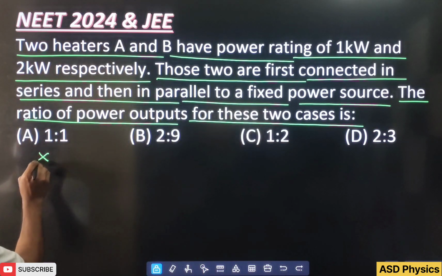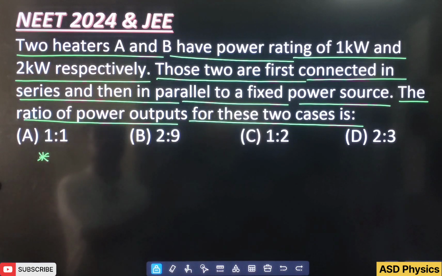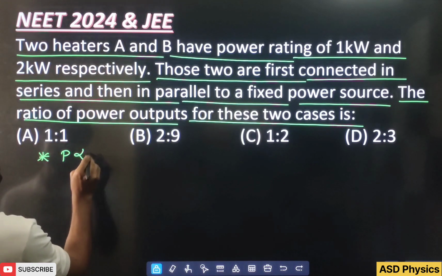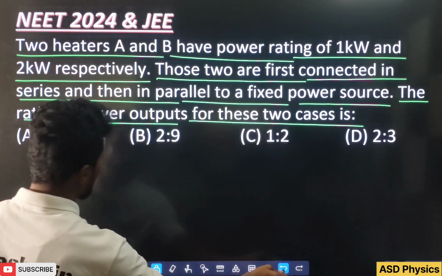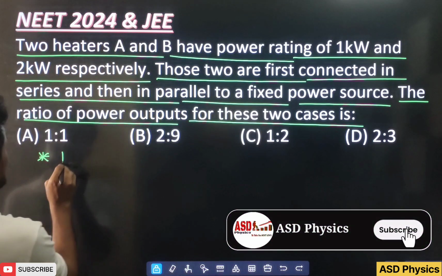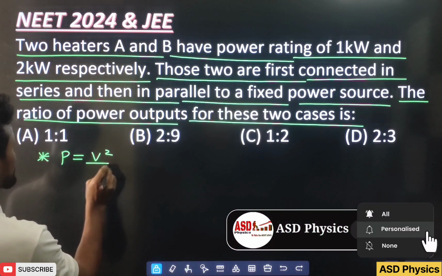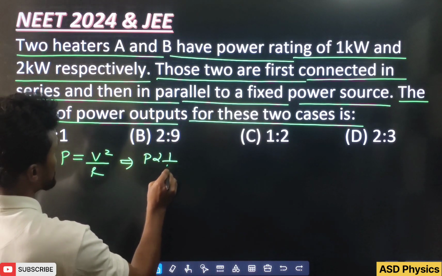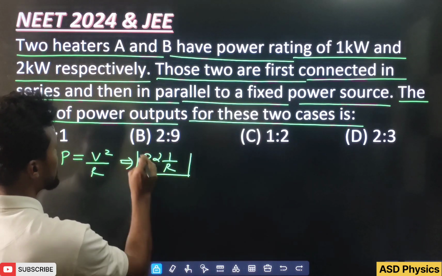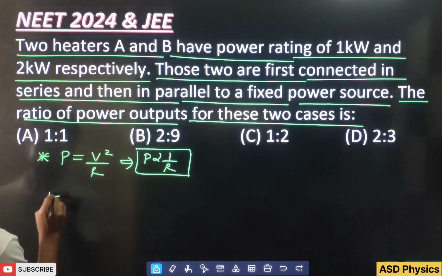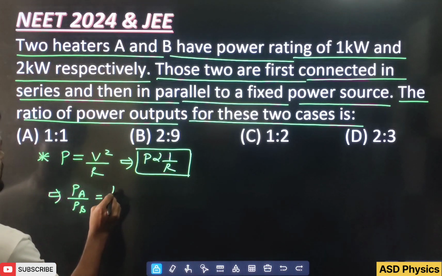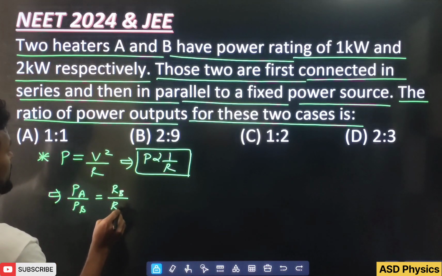Remember, when they talk about ratings, P equal to V square by R, so P is inversely proportional to R. Whenever any kind of rating is given, we have to go like this, this is important. So PA by PB will become RB by RA.